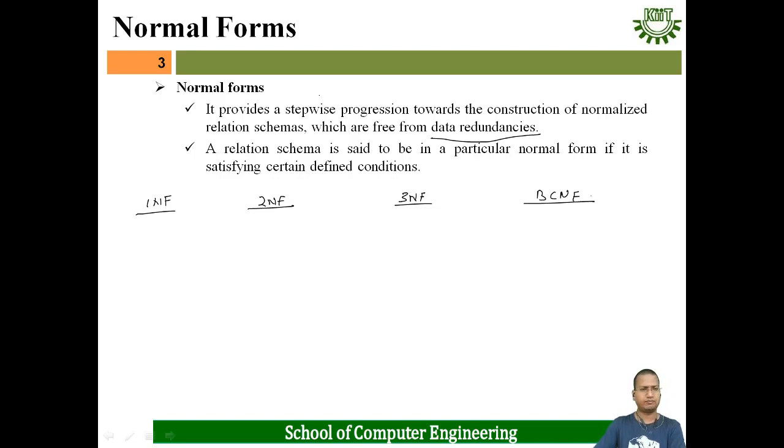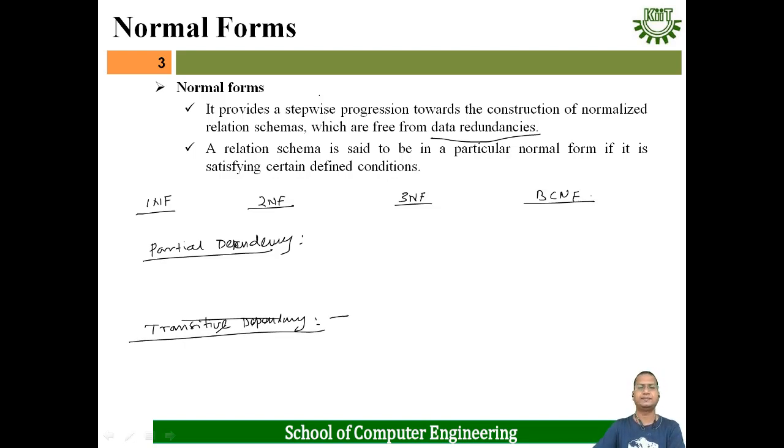Before going to normal form, I will discuss two concepts. One is partial dependency, and another concept is transitive dependency. First, we will see what a partial dependency is. A part of the key which functionally determines a non-key is known as partial dependency.